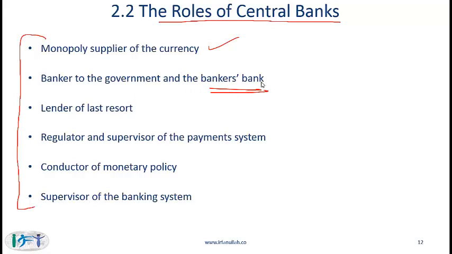So when banks make deposits, they make deposits at the central bank in their country. The lender of last resort: if a particular bank is in trouble, then it will go to the central bank for help. And if you have time, you can take a look at example 6, which talks about the Northern Rock bank run and how it was bailed out by the central bank.